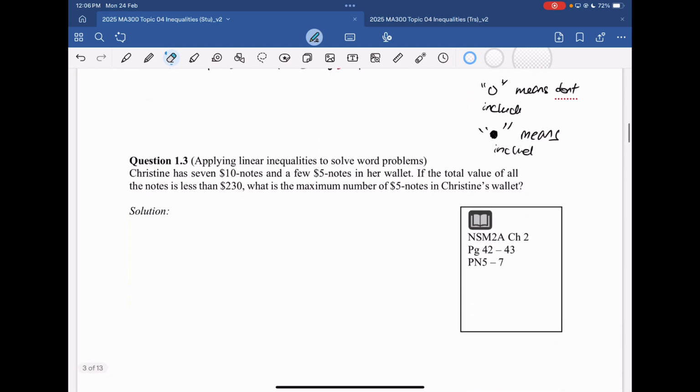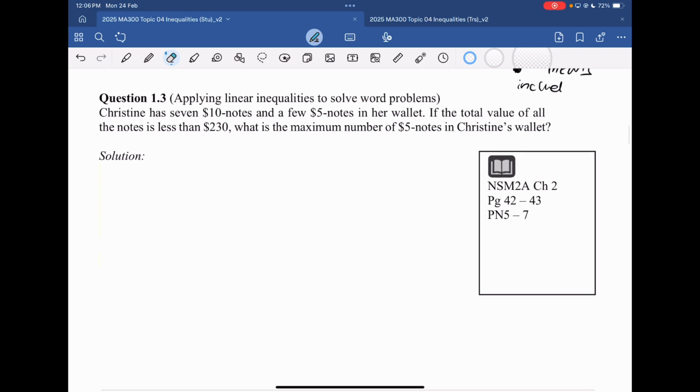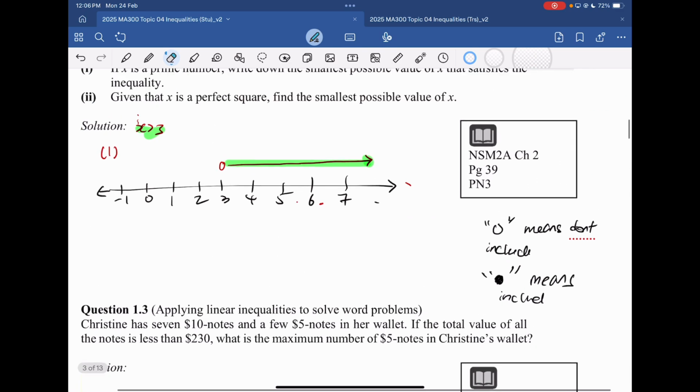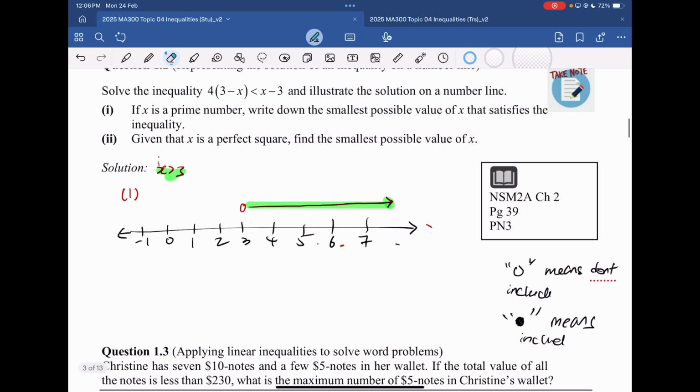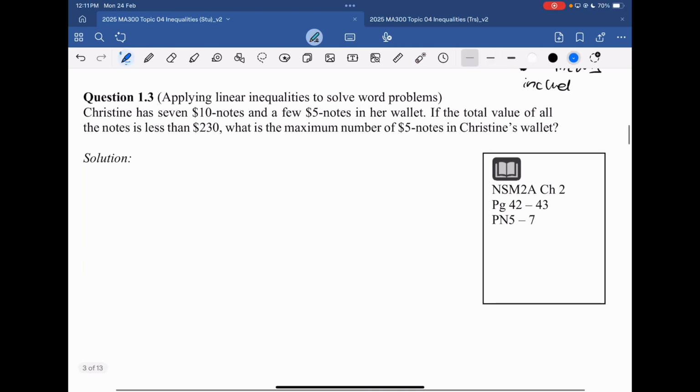Question 1.3. In case you do not know, this is just a primary school question. Let the number of $5 notes be X. So if you look at this question, what can you do?